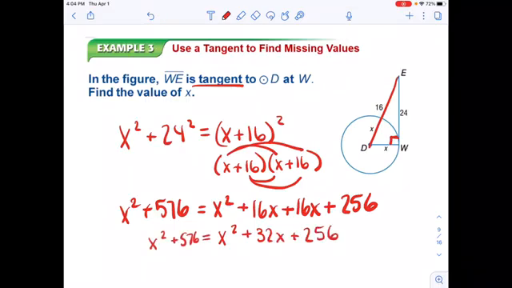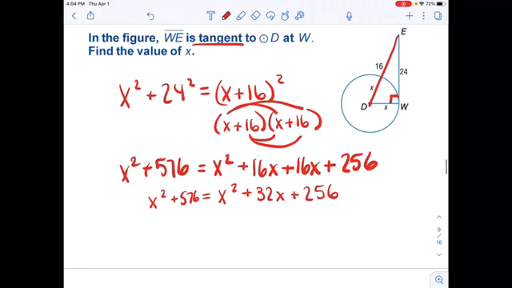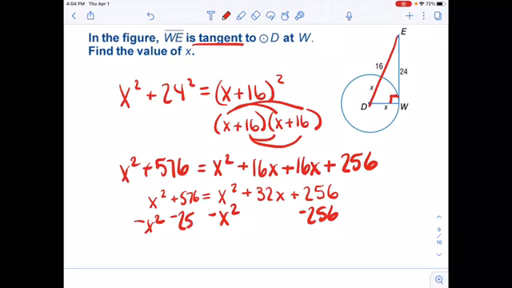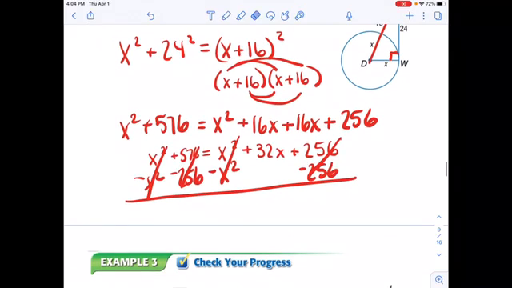Now, thankfully, we can actually solve and cancel these x squareds out. It would be a more difficult problem if we could not do that. So I'm just going to get the 32x by itself. Oops, this guy doesn't really cancel. We subtract him.